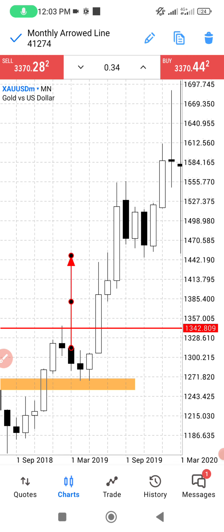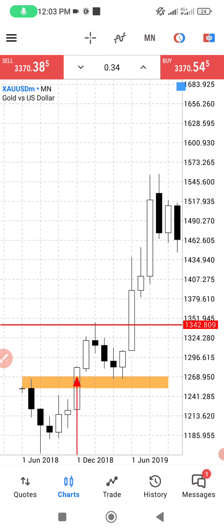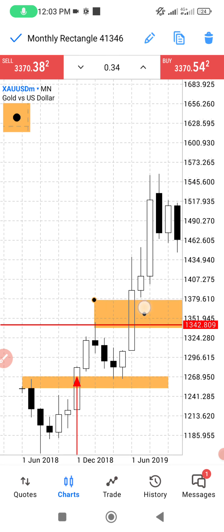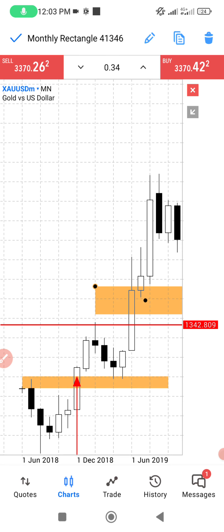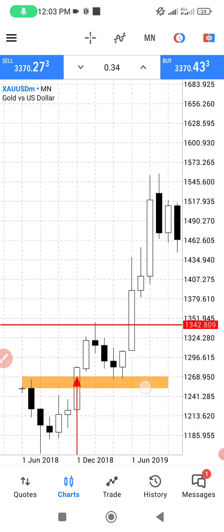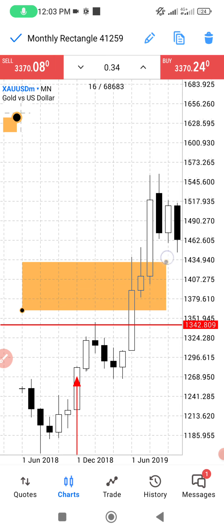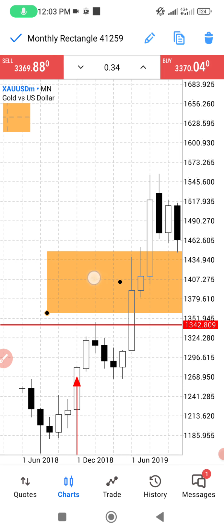So what you need to do here is to first of all believe in stability theory that this market is going to stabilize at this session. And what do you do? You go to lower time frame, not just much lower time frame.